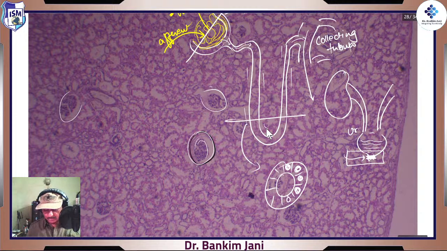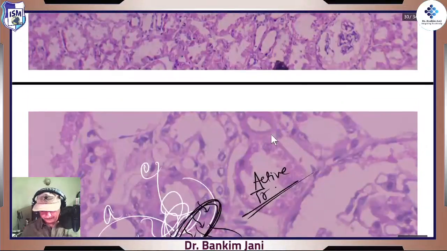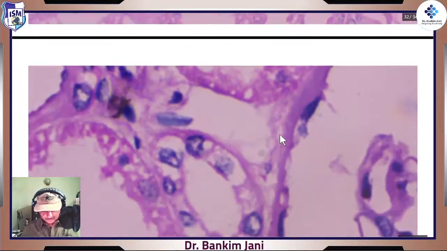Now you can confidently say that the inner lining of Bowman's capsule is simple squamous. However, the inner lining of this collecting system is simple cuboidal. How scientific, but as such so easy. You identified it simply by its nuclei. So that's how it looks.